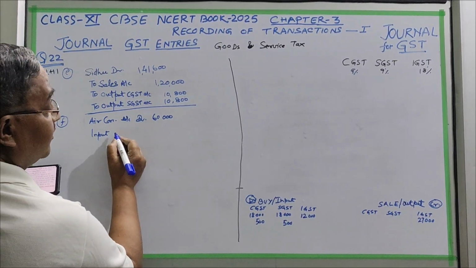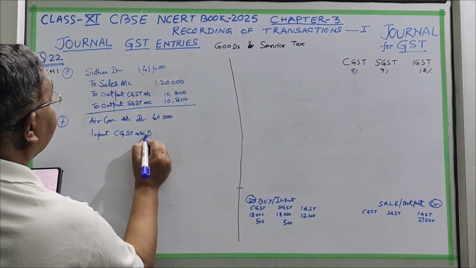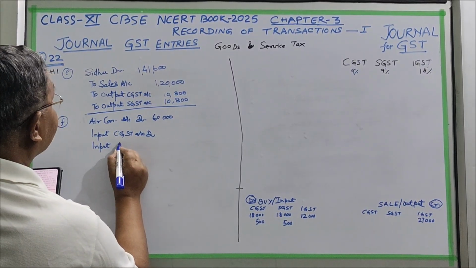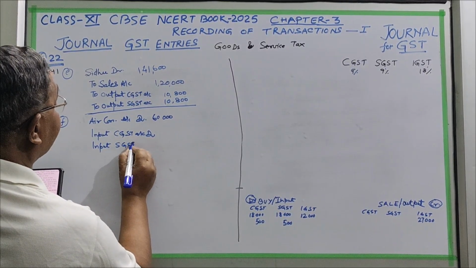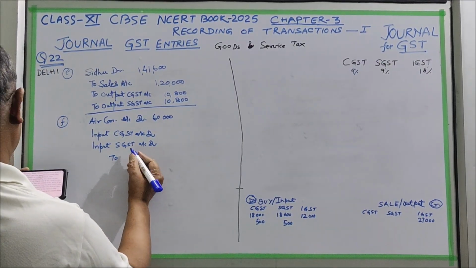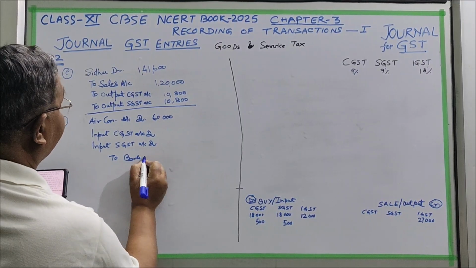Input CGST account debit, input SGST account debit, to cash or bank account, paid 60,000.